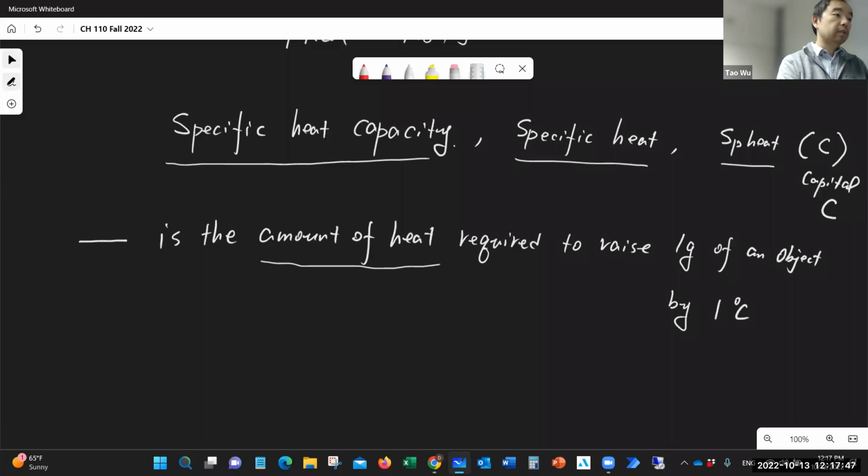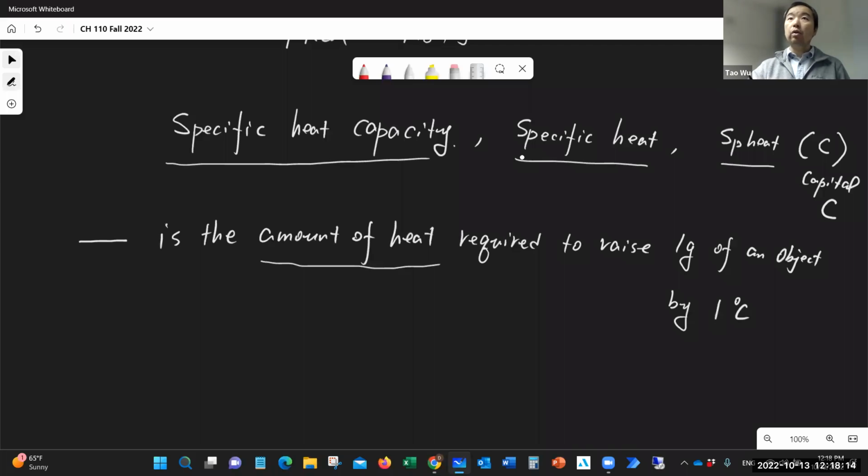Amount of heat. So specific heat is the amount of heat, but there is a requirement. This heat is used to raise the temperature of 1 gram of this object by 1 Celsius. Different objects may have a different specific heat.